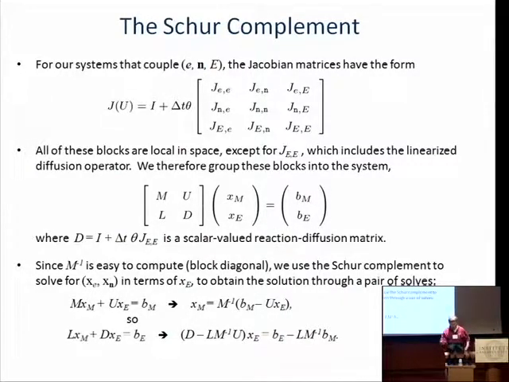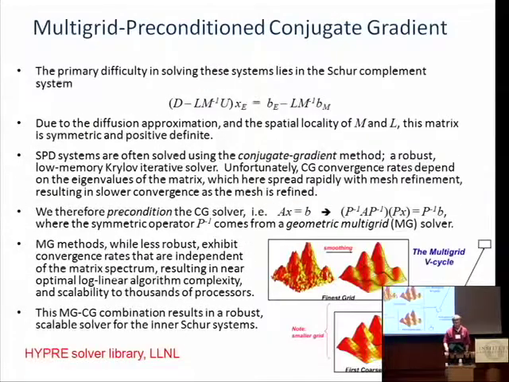And that allows us to convert this whole thing into a single scalar solve. And for that, we use multigrid preconditioned conjugate gradient. There are too many words here to go through. Let me just say that we use the hypre solver library developed by Livermore, which is a collection of many, many multigrid and Krylov methods that have been made scalable for the largest computers in the world.